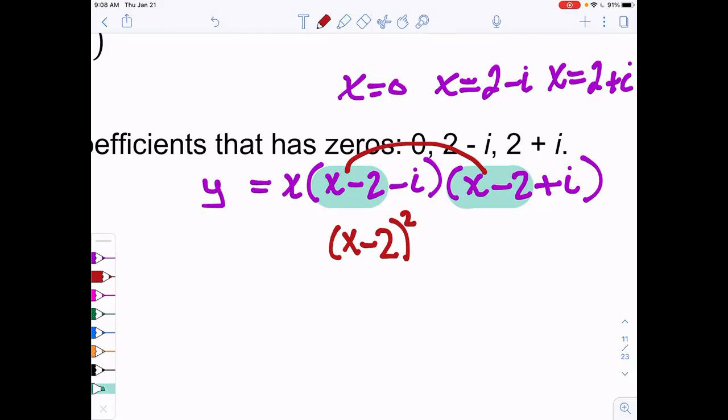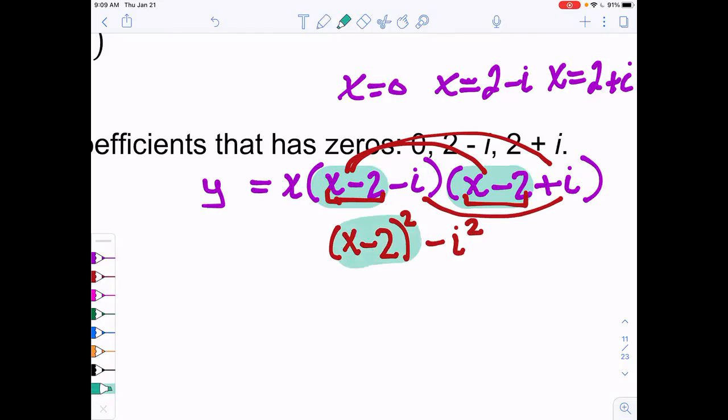I know that if I'm pairing these together, my inner terms are still going to cancel because these are conjugates. So x minus 2 times i and negative i times x minus 2, they cancel. My last term that I have to multiply is a negative i times a positive i, which makes a negative i squared. I'm going to forget about the x in the front for a little bit here.